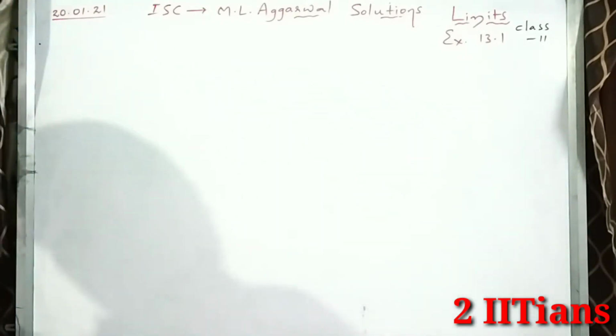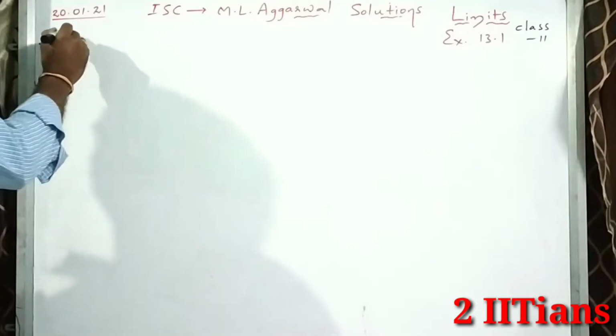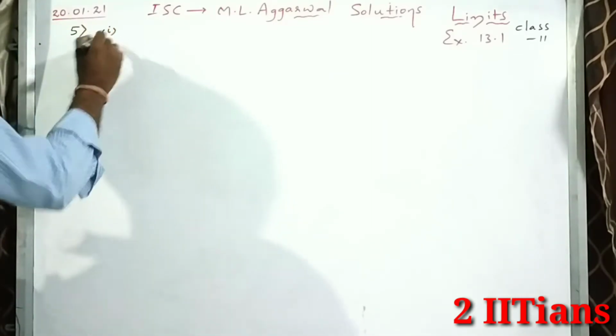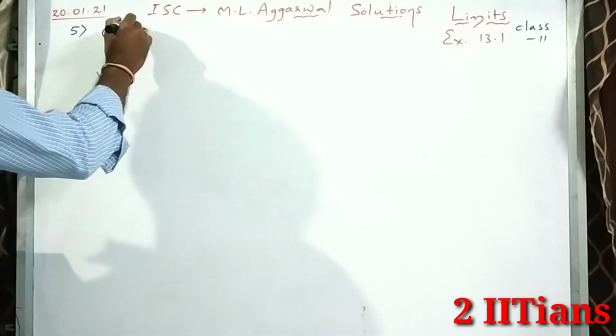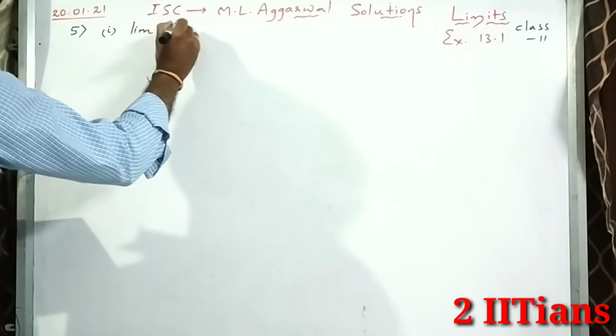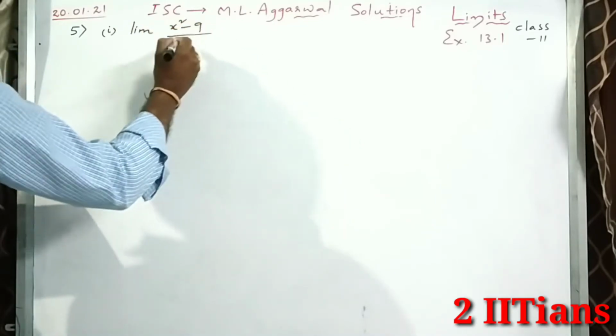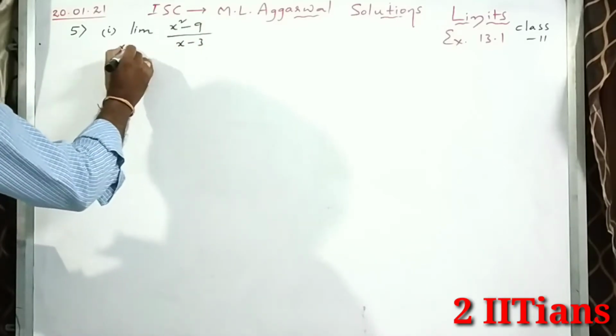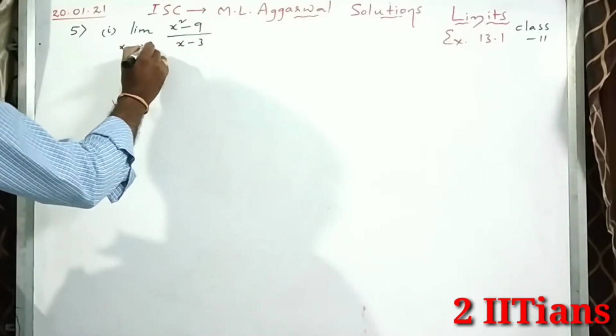Okay? The first question is the limit of x square minus 9 upon x minus 3 as x is tending to 3.